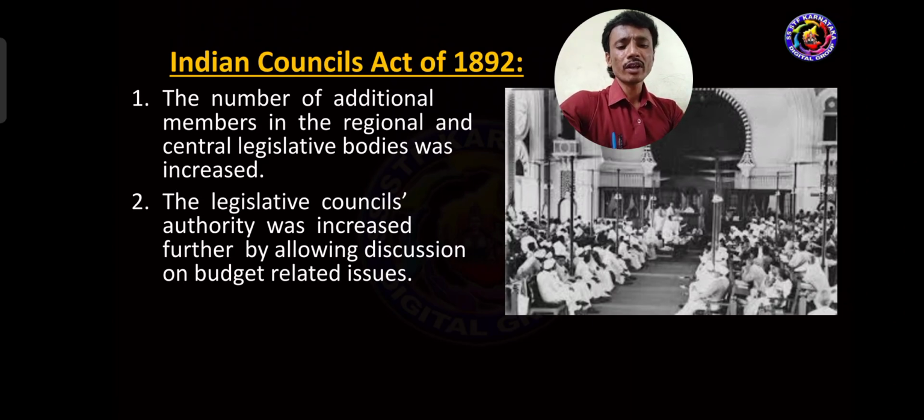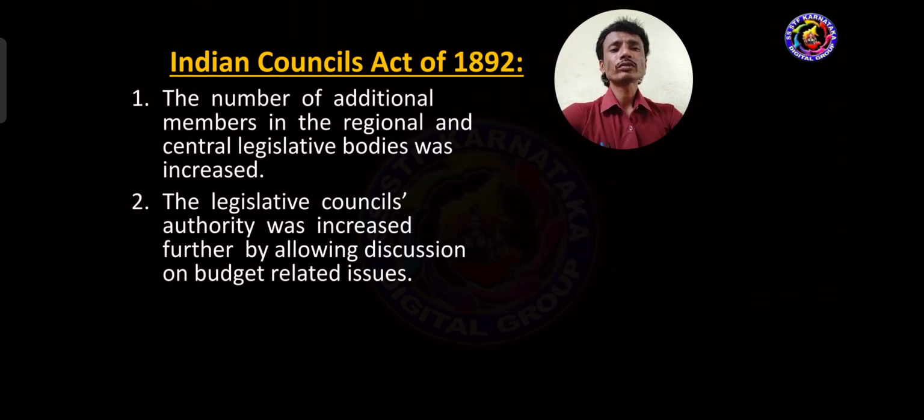What is a budget? A sum of money allocated for a particular purpose. If the health, education, agriculture or child department faced any problems, money was allocated for them. So Indians also had a right to discuss the budget with the British under the Indian Councils Act of 1892.